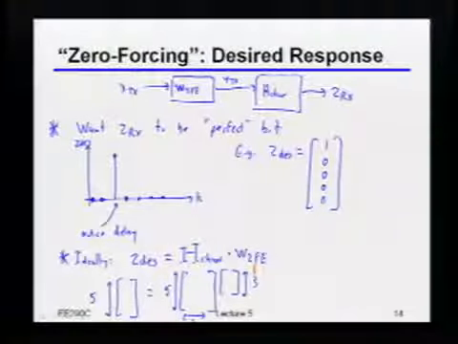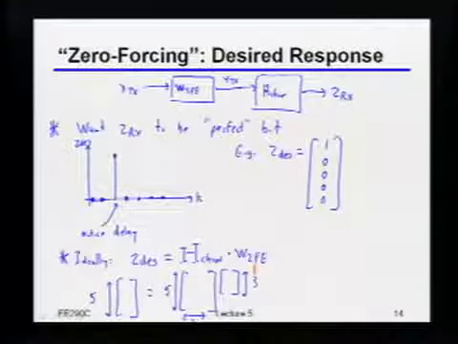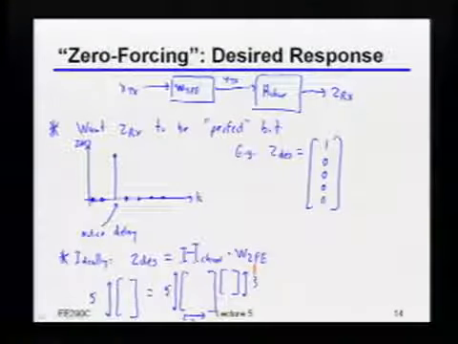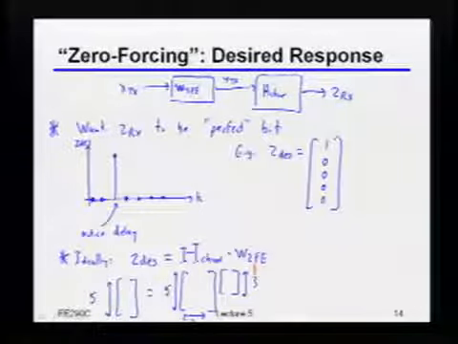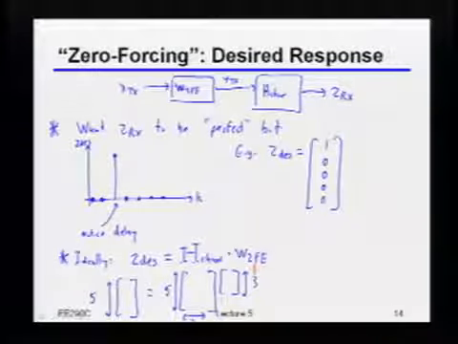A small question, but for the desired response, maybe the third element should be 1, right, in this case? Oh, it depends. In this particular example that I came up with, I made it so that I wanted a symbol delay of 0, and so I left the 1 at the first position. But if I wanted to change the number of precursors versus the number of postcursors, I could have flipped it around.